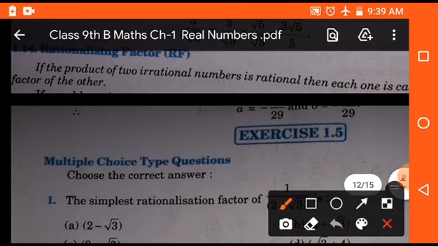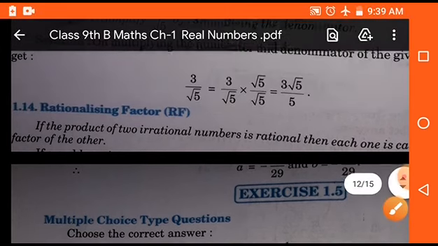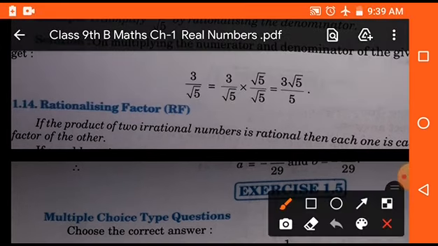Now we will discuss here the rationalization factor. The rationalization factor is that number which will be multiplied and divided for getting the number in the simplest form, and it is called the rationalization factor.